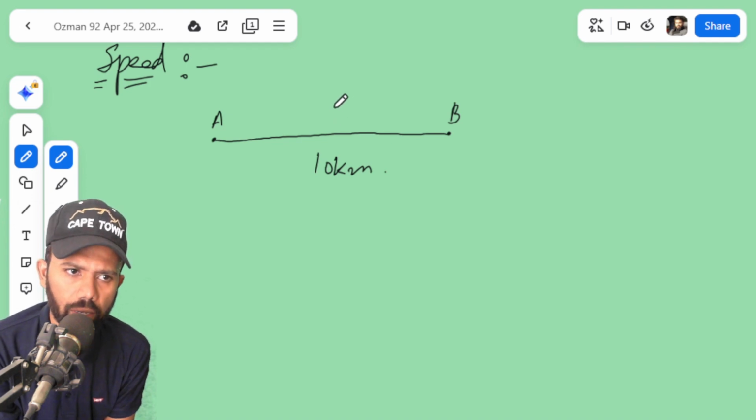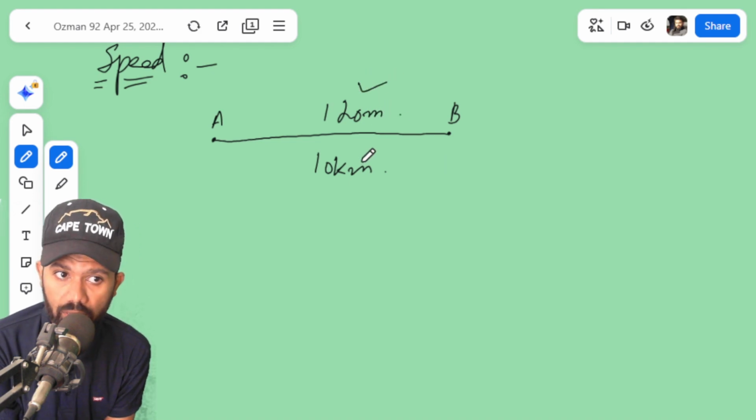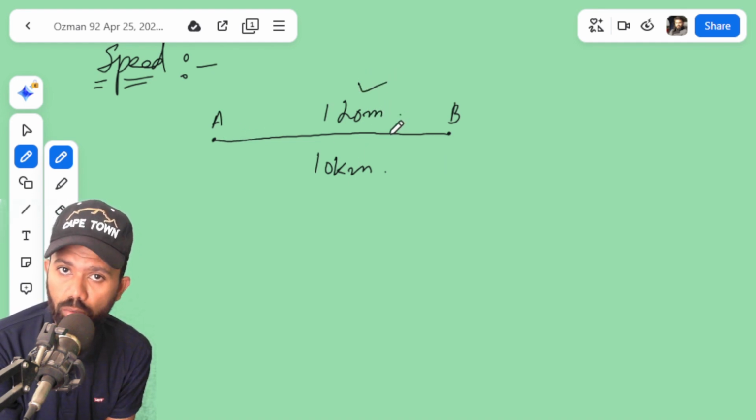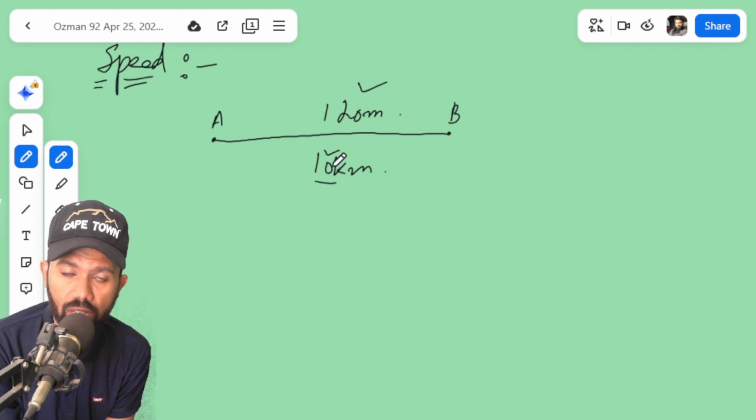Maybe we can say 120 minutes. So we have the time taken to travel from A to B, and the distance traveled is about 10 kilometers, right? So from these numbers, we can tell about the speed of the motorbike from A to B.